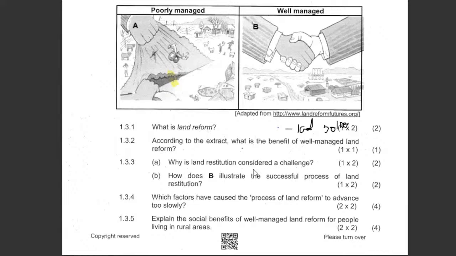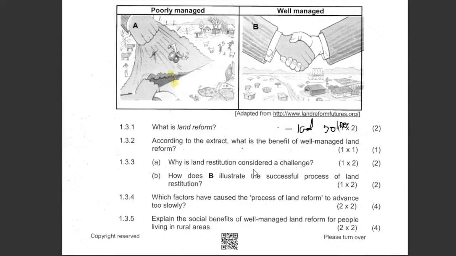Which is B now. B saying, how does this B here illustrate the successful land restitution? You can see here agreement has been reached. When you check A, you can see that there is grabbing of land, people are dispossessed of their land, their property is thrown away. But here, where there is agreement, you can see that settlements are well established.